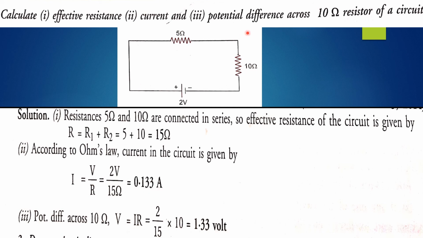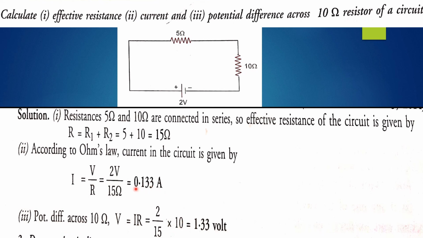We need to calculate the potential difference across the 10 ohm resistor. We know that V equals I into R. We know the value of I, which is 2 by 15, and we have to calculate the potential difference across 10 ohms, that is into 10.